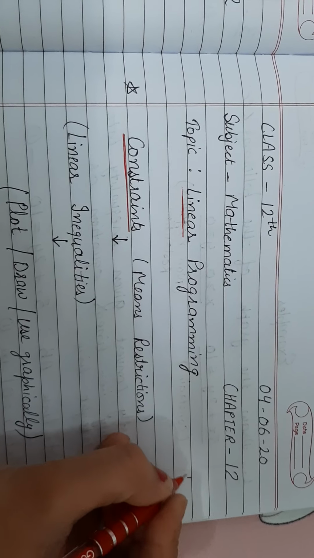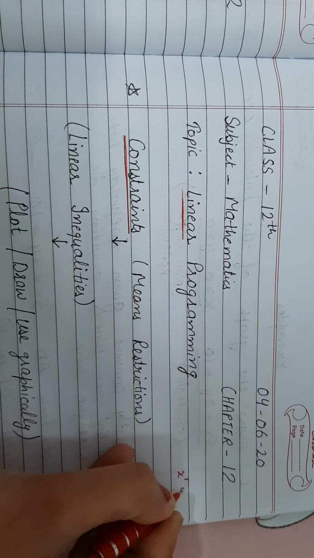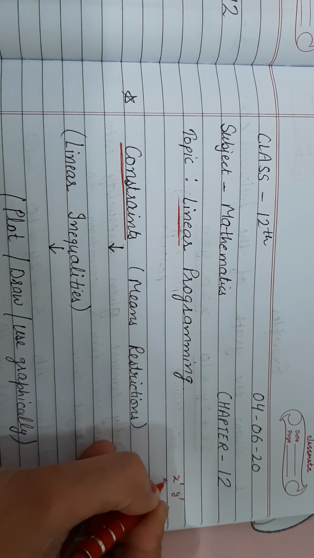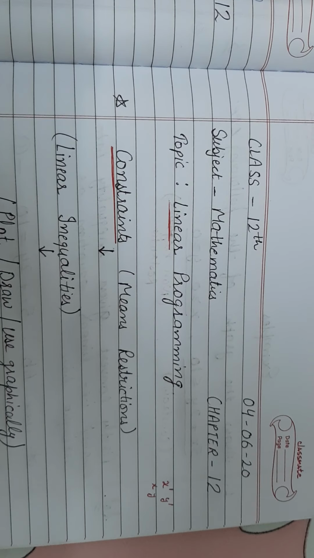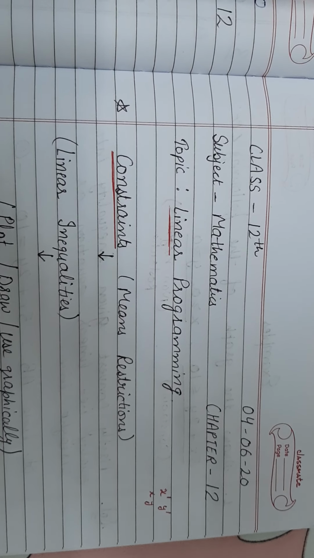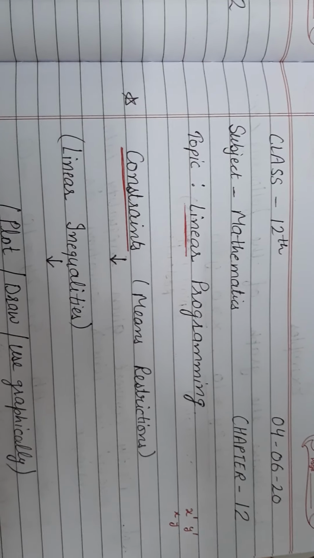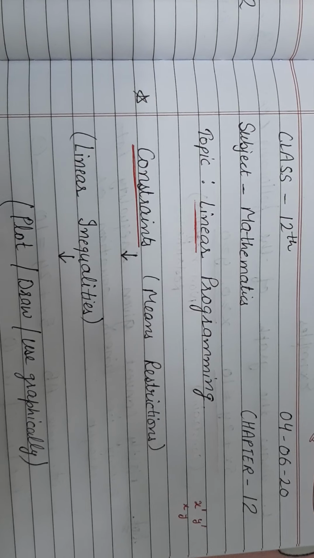When the power of a variable is one, that is x raised to power 1, y raised to power 1, we don't write power 1, we write only x and y. This is called linear. So this is linear programming, and we are going to study linear constraints, meaning restrictions.